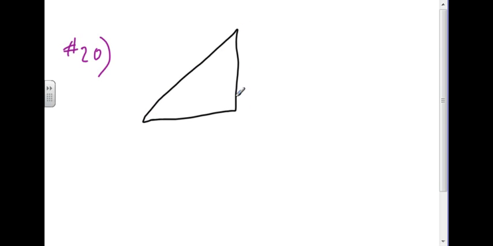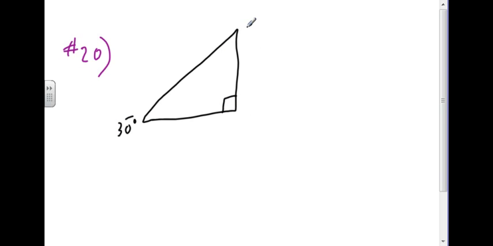Number 20. Find two significant digits on the sides and the angle to the nearest degree. Now that's my type of problem. Much better instructions. All right, so I've got 30 degrees over here.